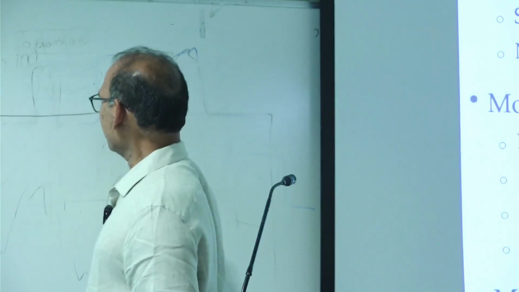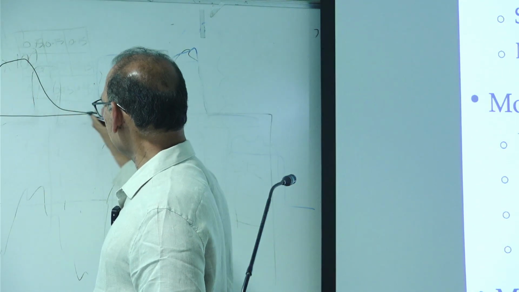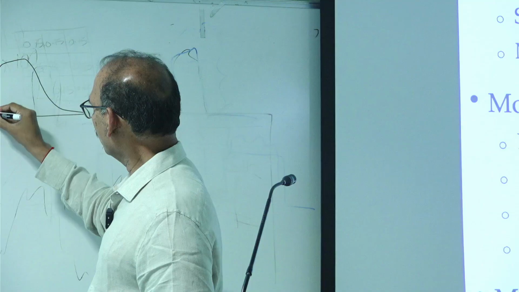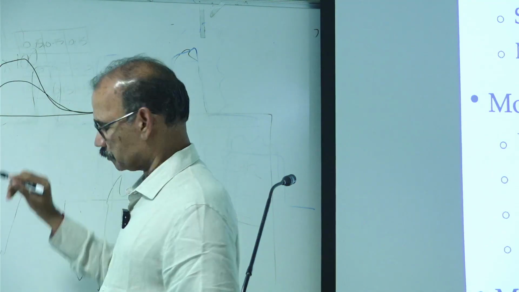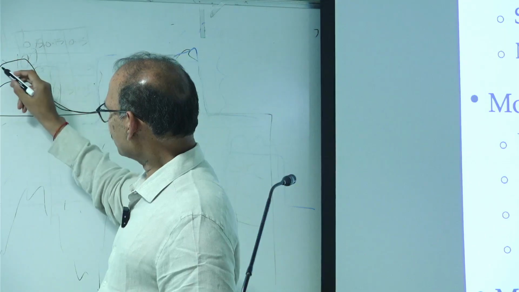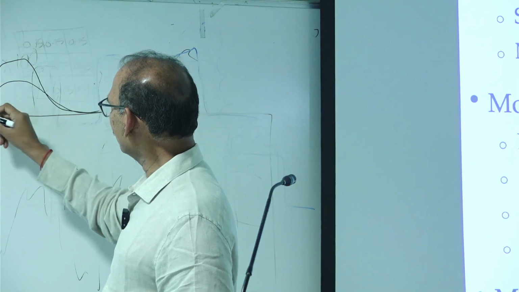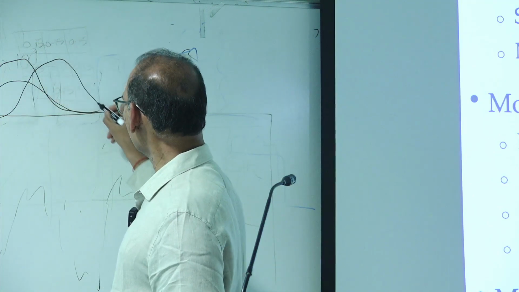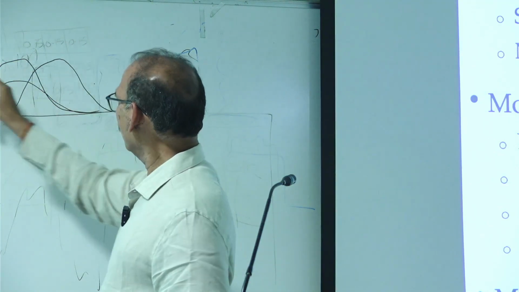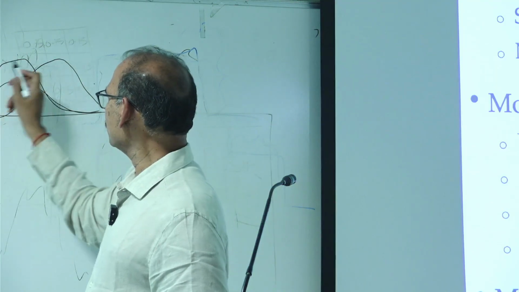So let's say in one case, the first example was something like this, right? HDR was like this. The other one was like this. In one case, the HDR is like this, but in the other case, the HDR is like this. Slightly different shape, but the magnitude is the same.